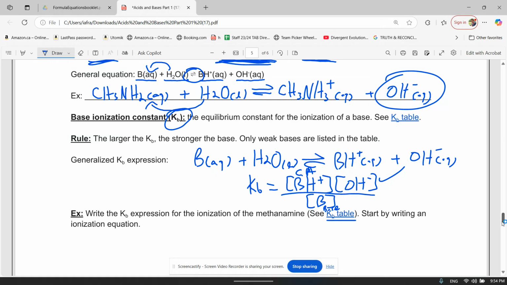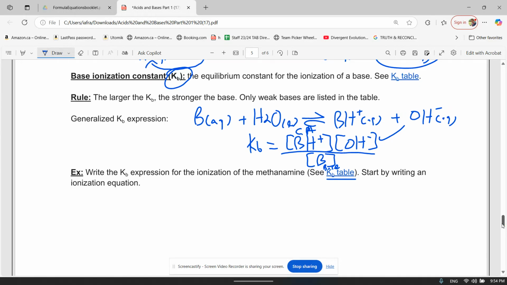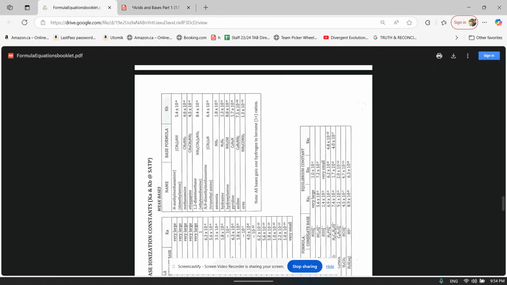So we'll do an example here. We're going to write a Kb expression for methanamine. So methanamine is CH3NH2. You can go to your Kb table here, find methanamine, CH3NH2.